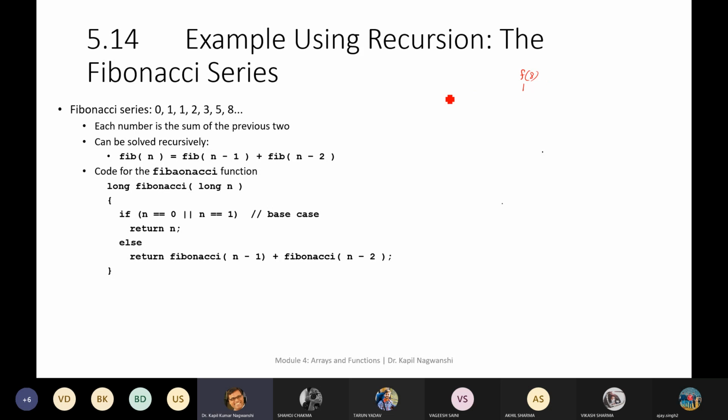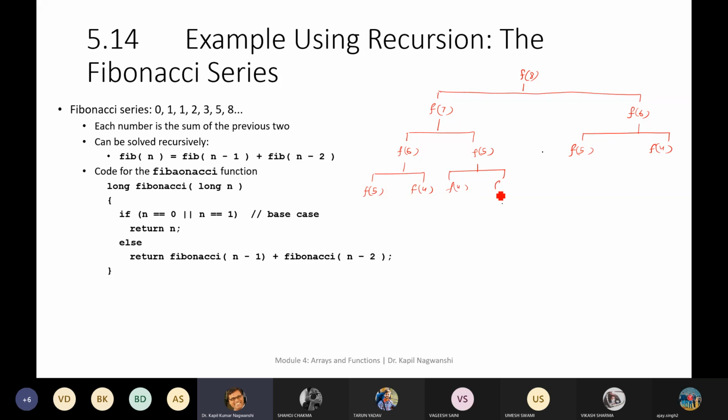F8. Now it is broken into F7, F6. F6 will be further broken into F5, F5. And this will be F5, F4. Now this will be F5 and F4. And this will be F4 and F3.